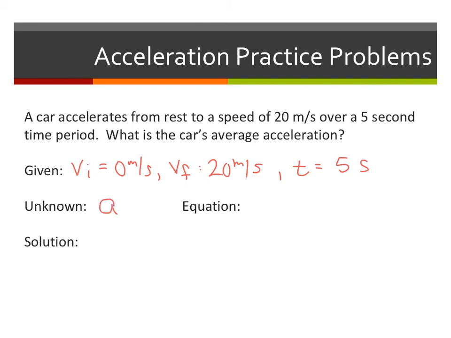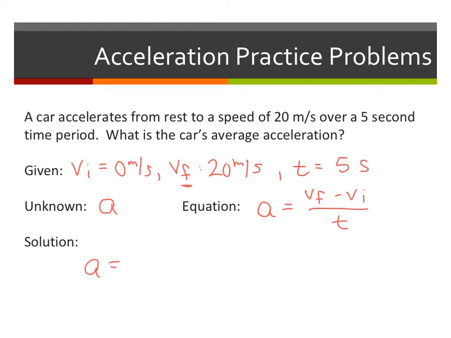I want to know what is the car's acceleration. A is my unknown, and I use my a equals equation: a equals v final minus v initial divided by time. So now I solve. A equals, always making sure I'm doing final minus initial velocity.